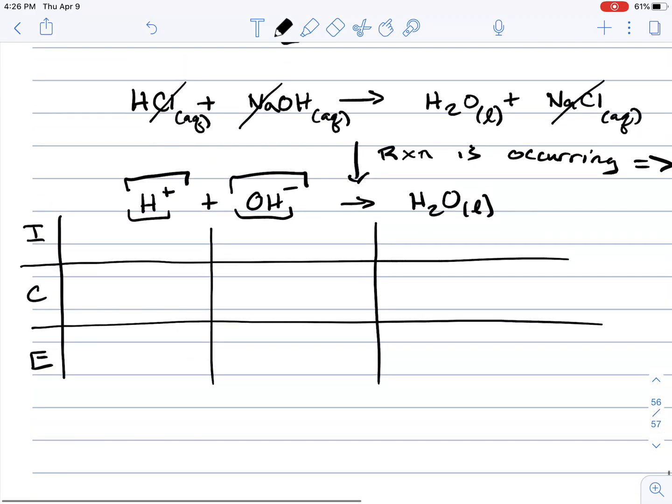And so I'm going to go ahead and put that 5.00 times 10 to the negative 3 moles to represent my strong acid. Okay.